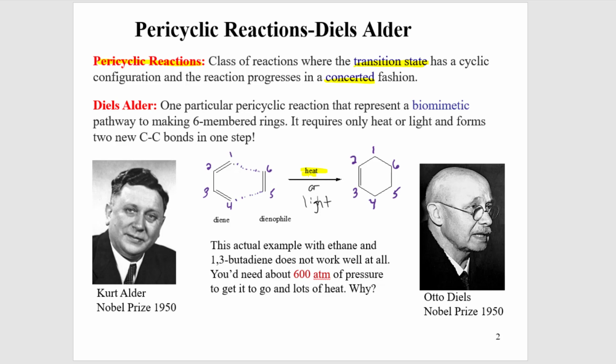And we'll discuss why in a minute, but I just want you to know that if I had to actually use this exact diene and this exact ethene dienophile, it would take about 600 atmospheres of pressure to get these two to react with one another. Now, why might that be?